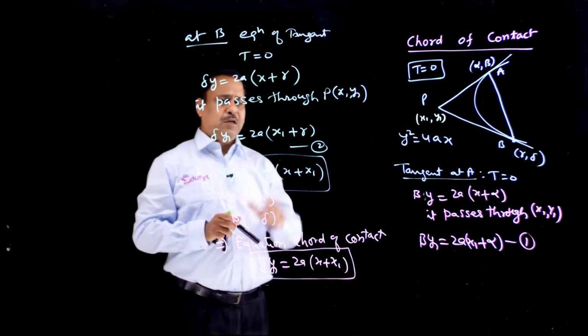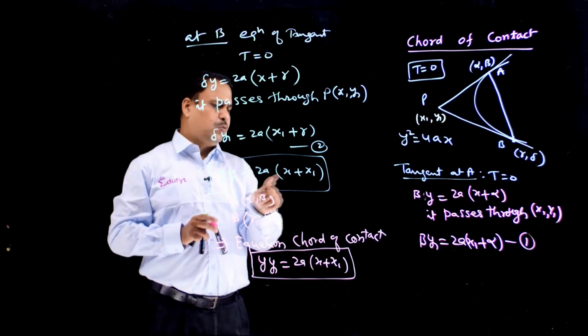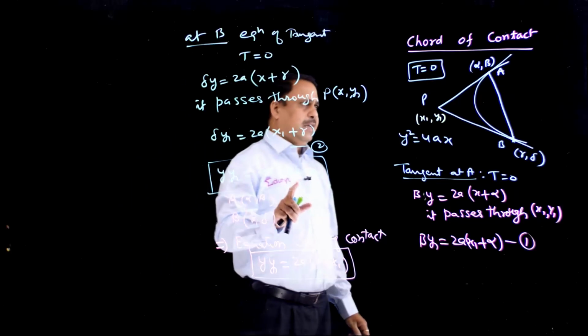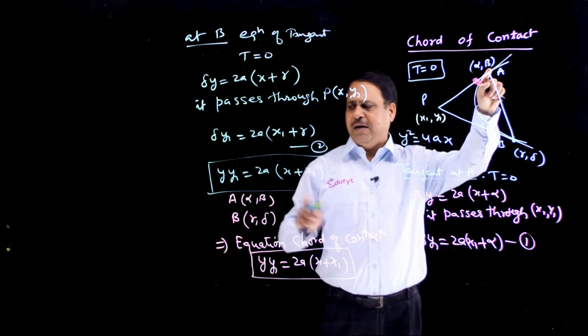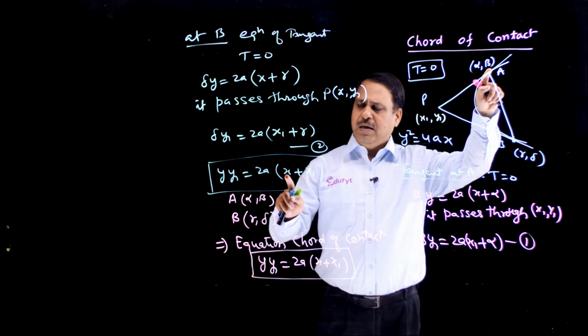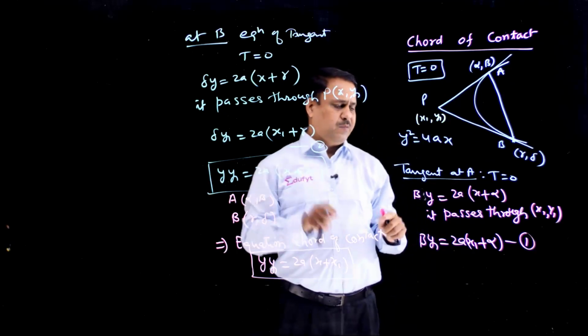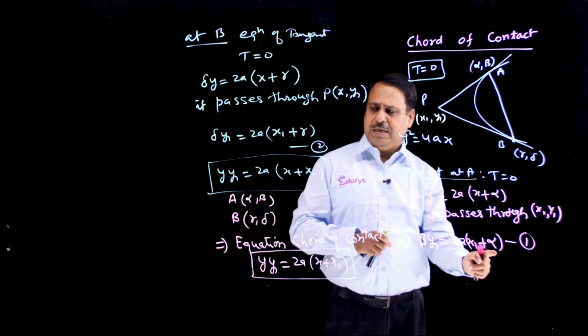Now, by observing equations number 1 and 2, I am taking another line, y y1 is equal to 2a x plus x1. I can say that this line is passing through point alpha, beta, because if I put here beta y1 is equal to 2a alpha plus x1, this is satisfied. Why is it satisfied? Because of this given condition.